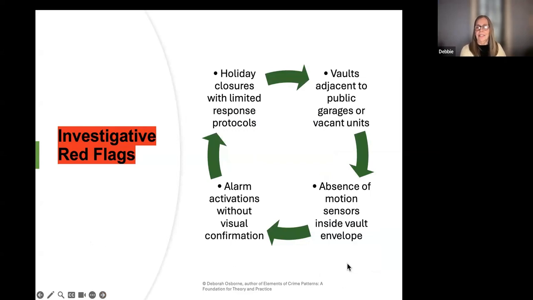What's going on here in this investigation? Oh, this falls into this pattern classification. Holidays with limited response protocols, vaults accessible structurally, absence of motion detectors inside a vault envelope, and people going to answer alarms without visually confirming that nothing was taken.